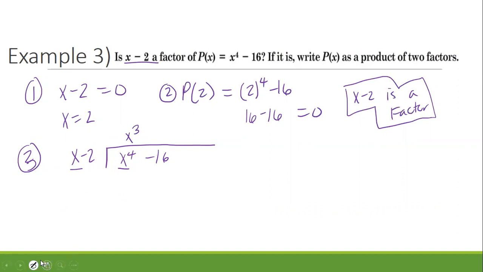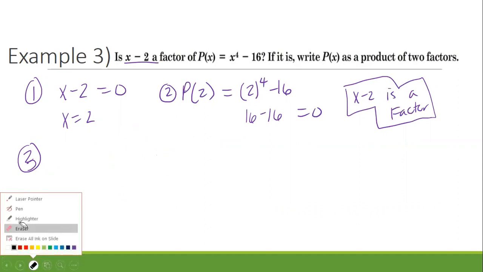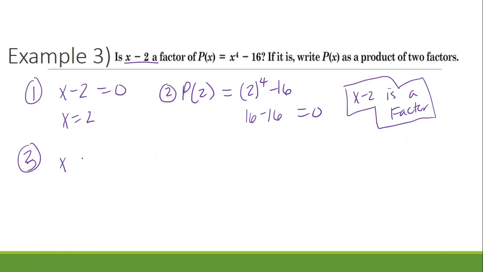Oh, I didn't put in my fillers. Uh-oh. Let's backtrack. Lesson learned here: make sure you write your fillers. So we have x minus 2 divided into x to the 4th plus 0x cubed plus 0x squared plus 0x minus 16.